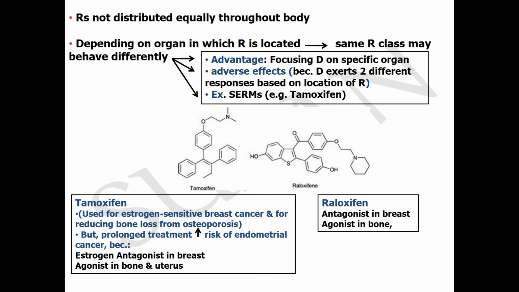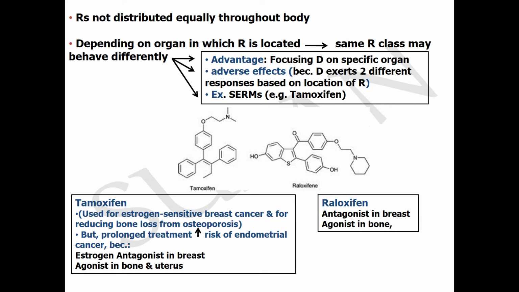This is because tamoxifen can act as an estrogen antagonist in the breast, and at the same time it will behave as an agonist in bone and uterus, and therefore selective estrogen receptor modulators cannot be classified simply as agonist or antagonist. Rather, they can be considered as variable agonist and antagonist.